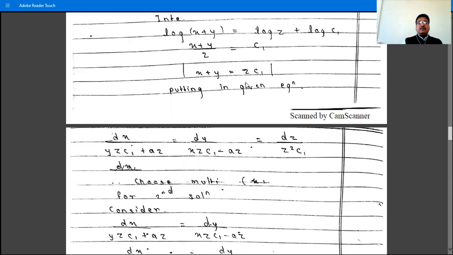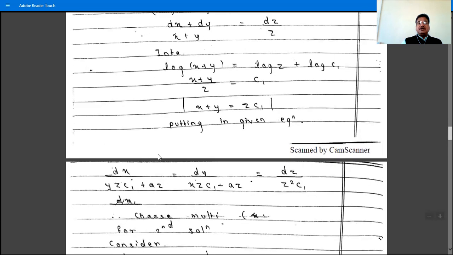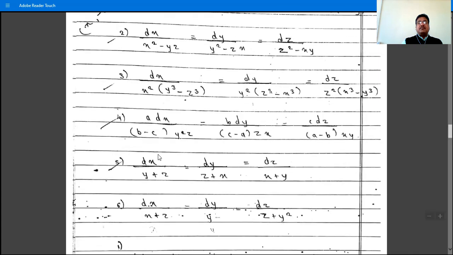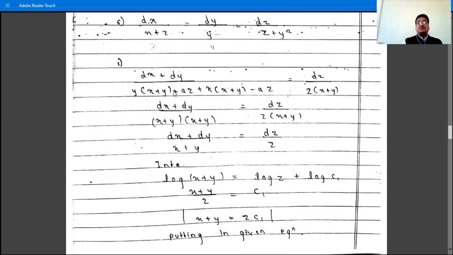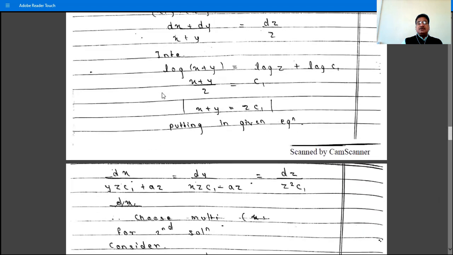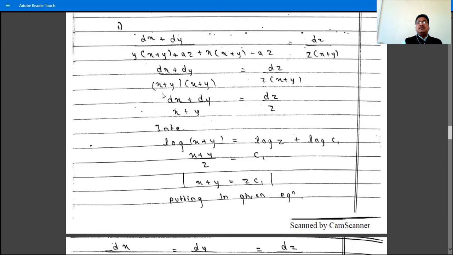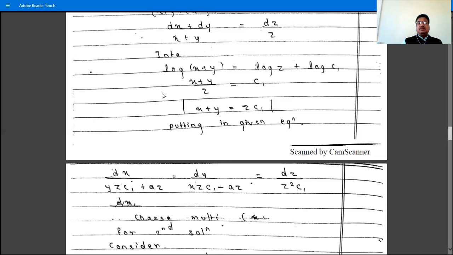And therefore we have dx divided by y z c1 plus az, at this place x plus y as c1 z, is equal to dy divided by x z c1 minus az, and dz divided by z square c1.